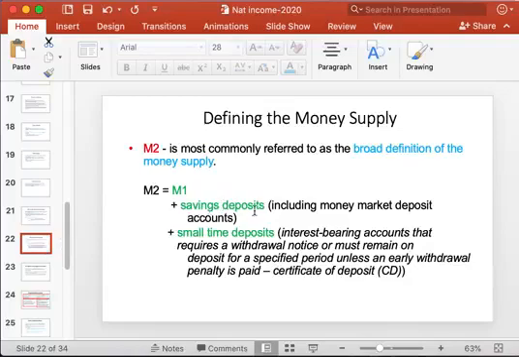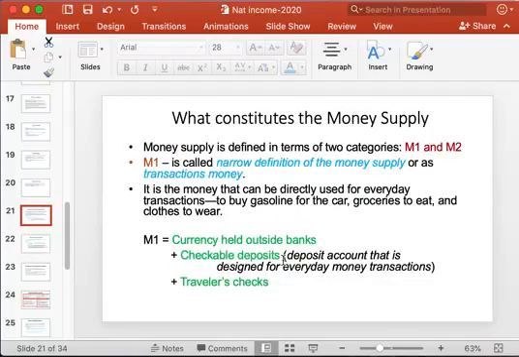Whereas savings deposit is meant for saving the money and earning interest. Whereas a checkable deposit account is not meant for earning interest but for ease of money transaction.